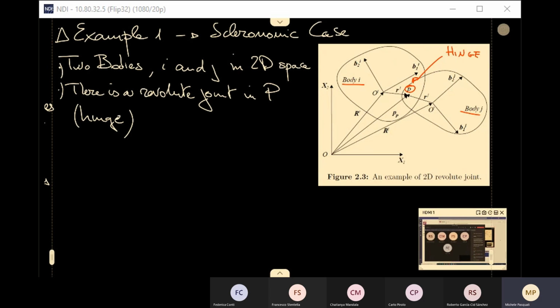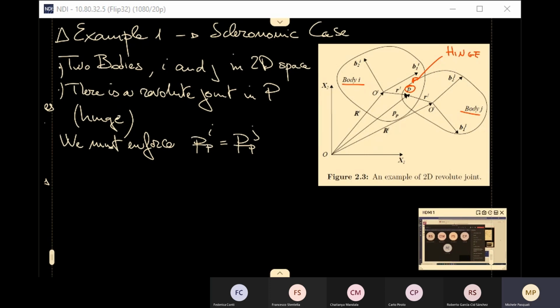We must make it so that the position of point P, so this is the position vector of point P with respect to the body I, which we have already introduced, must be equal at all times to the position of point P, but described in body J. Okay?